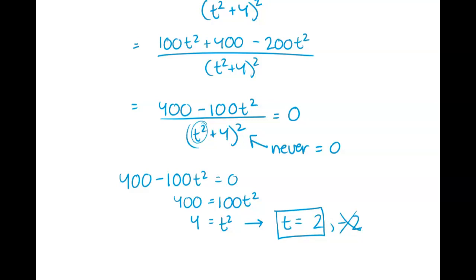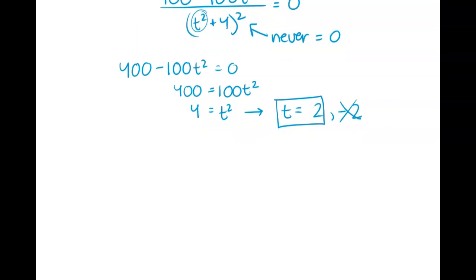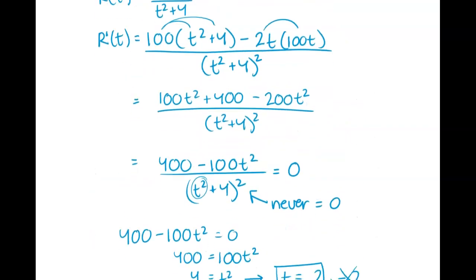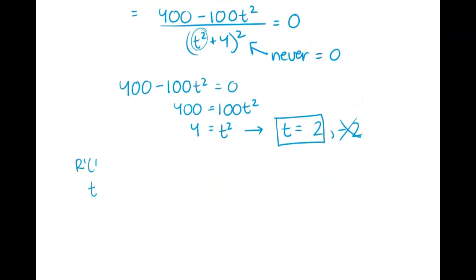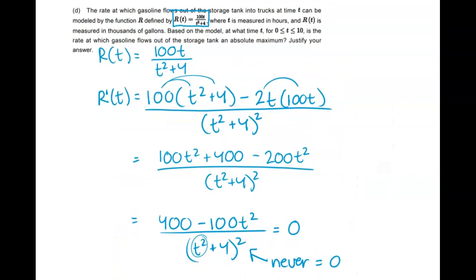Now we really need to test and see if this is actually a point where the derivative changes, or when there's a relative max or relative min. So if we test the derivative at, here's t, here's r prime of t. So at 2, it was 0. Let's test 1 and 3. So r prime of 1, switch colors just because.